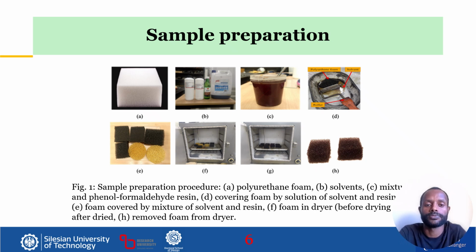So we dissolve this phenolformaldehyde in those alcohols, then we can easily immerse the polyurethane foam into the solution of phenolformaldehyde and the alcohols. And the other one is that the higher viscosity of phenolformaldehyde can block the cell walls of the foam, which results in non-uniform distribution of cells.